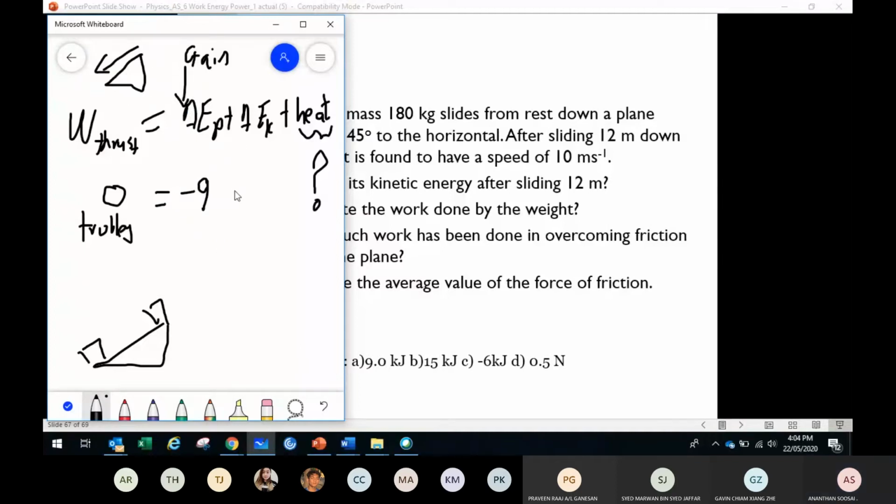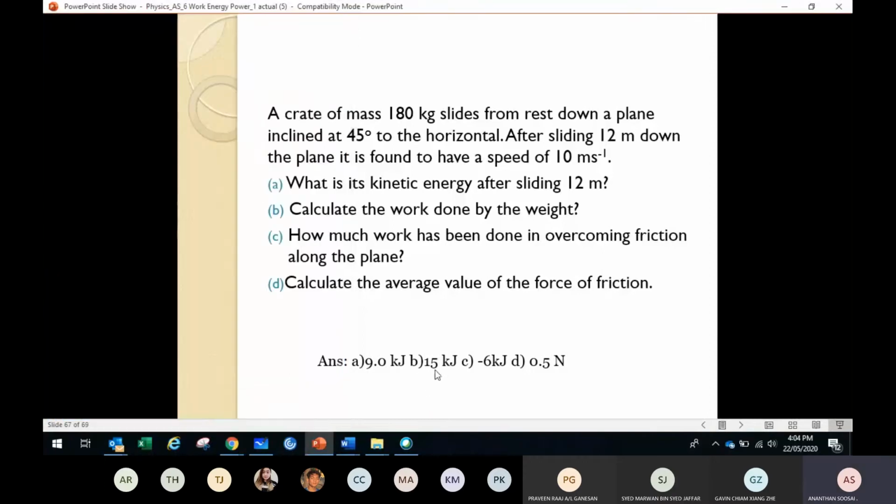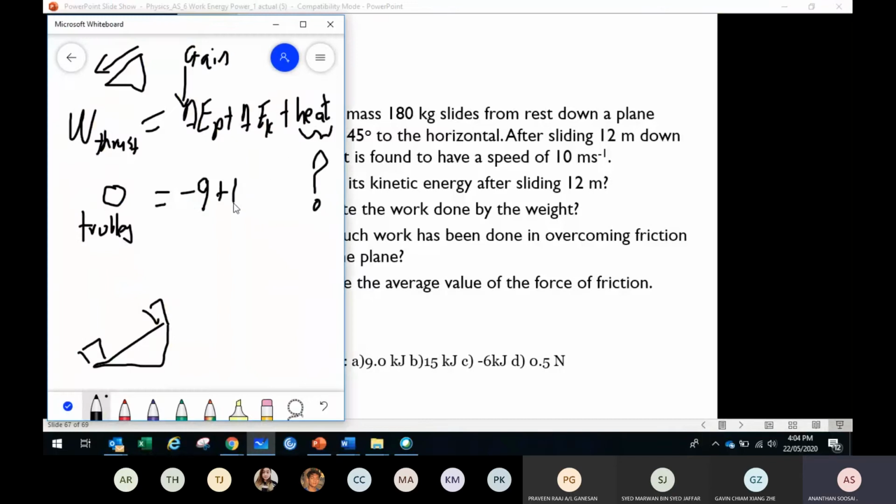Plus gain in EK, how much? We found it is 15 kilojoules, so we put positive 15. Kinetic energy is gained because it's going down. So negative 9 plus 15 plus heat. We put it as heat first.